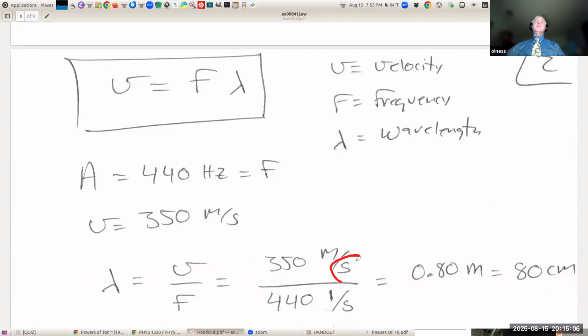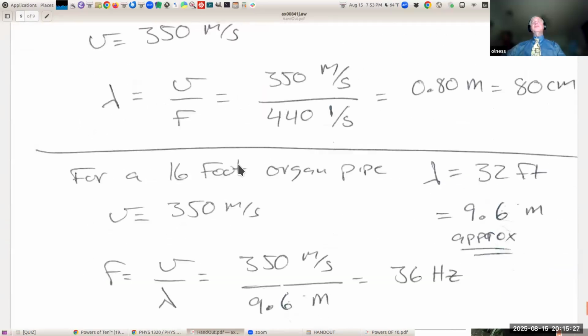You see I have 1/seconds, 1/seconds. Those will cancel. I'm left with meters, and this comes to about 0.8 meters or 80 centimeters. So that's a little bit over 2 feet. That's your A440 wavelength. It's about 2 feet. So that's useful.